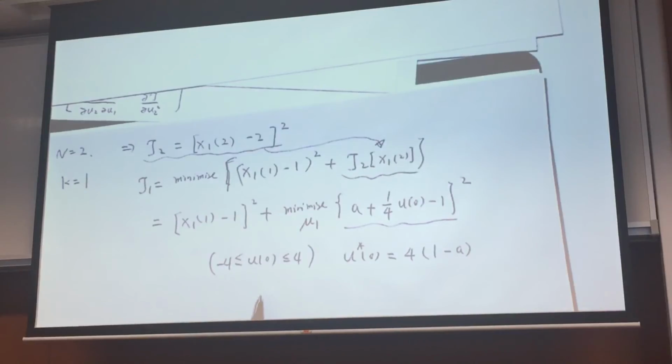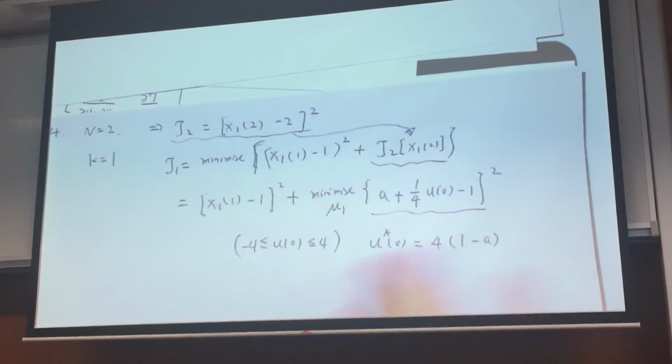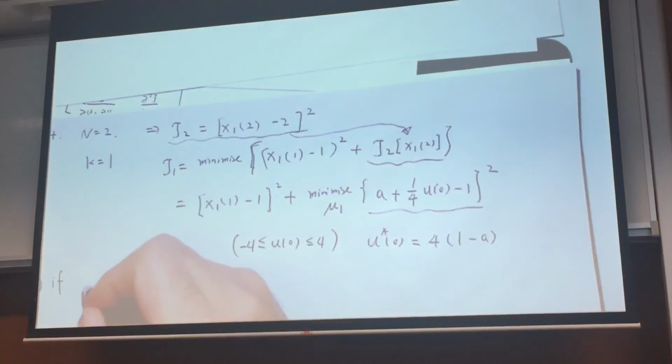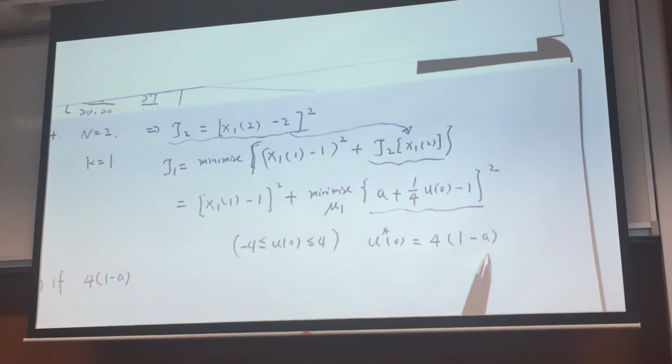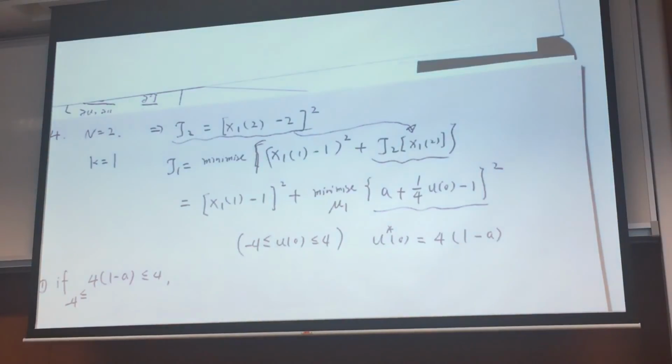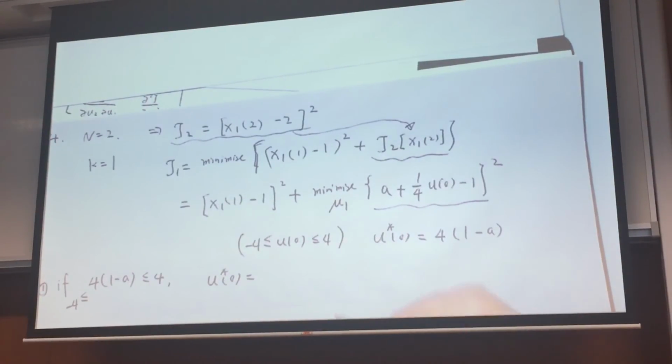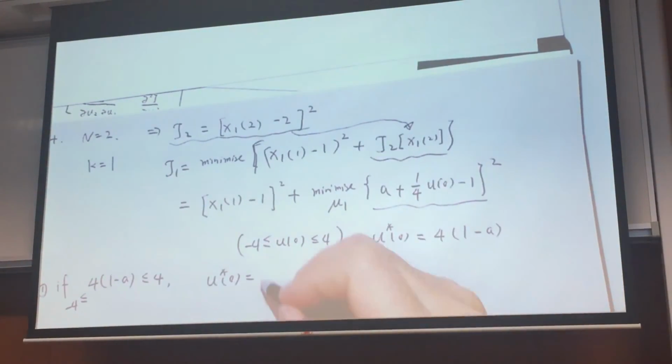So for the first situation, if 4 multiplied by (1 minus A) is between minus 4 and 4, then u0 star equals 4(1 minus A).